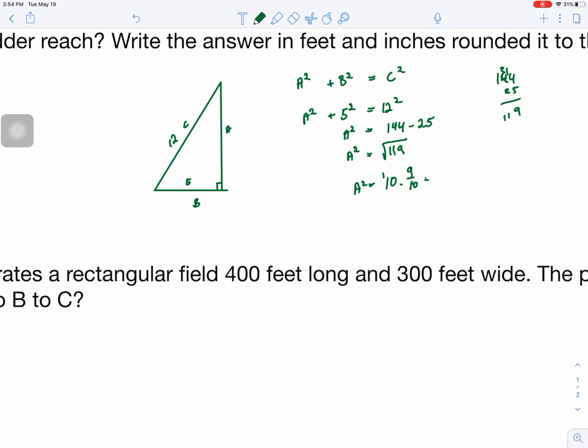But we can't leave it that way. 9/10 of a foot is an equivalent fraction to something over 12. 10 times 9 times 12 is 108. 10 times 10 gets you the closest, which is about 100. So we're looking at 10 foot 10 inches. And that gives you your solution.